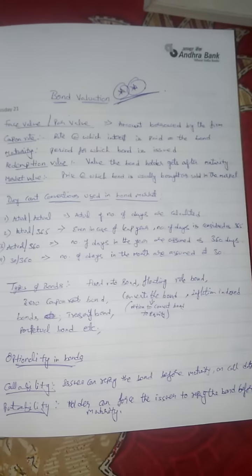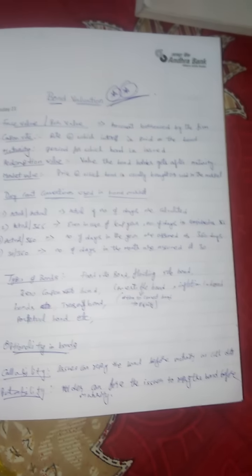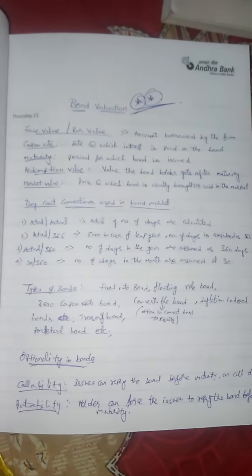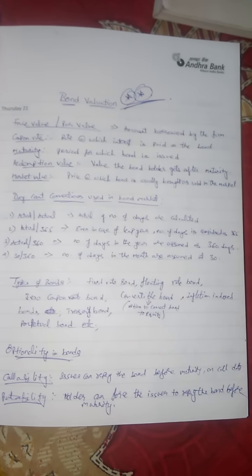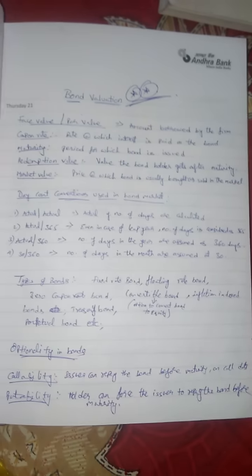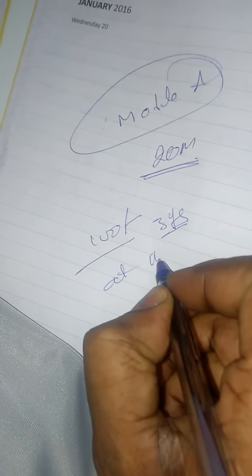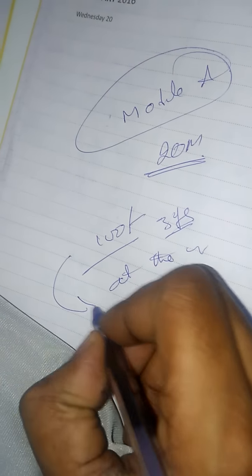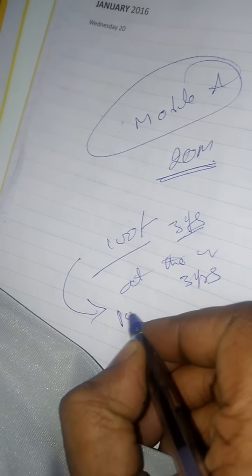Then we have two options in bonds, called callability and putability. What is the callability option in a bond? The issuer of the bond has an option to repay the bond before maturity. That is, I have purchased a bond of say 100 rupees for a period of 3 years. At the end of 3 years, the bond issuer pays me 100.